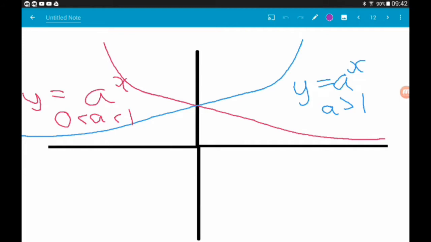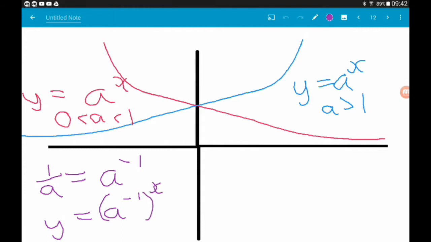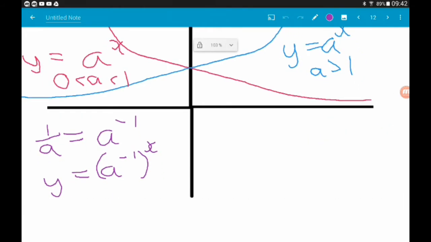So why is that? Well, when a is fractional, we could say we've got 1 over a, which we could call a to the minus 1. So we've got y equals a to the minus 1 to the power of x. Now by the laws of indices, we could say that's y equals a to the minus x.